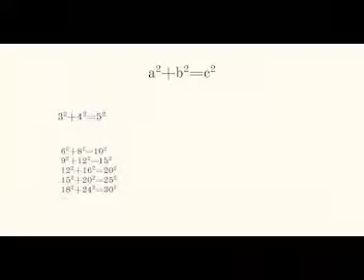Well, using some basic algebra skills, I can multiply both sides of my equation by something and it's still equal. So I can multiply all three of my numbers by 2 or 3 or 4 or 5 or 6 or 100 or a million or 17 or whatever, and I get another Pythagorean triple.